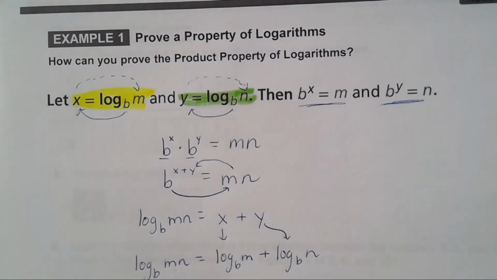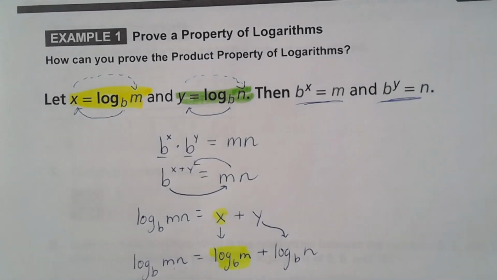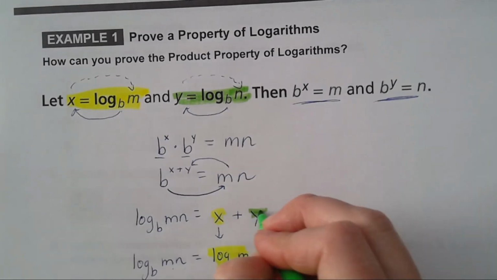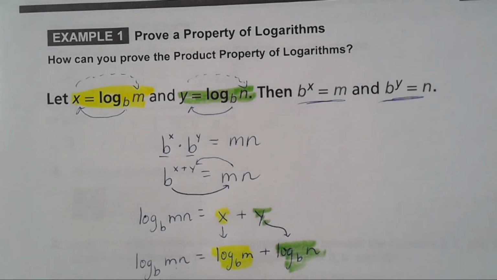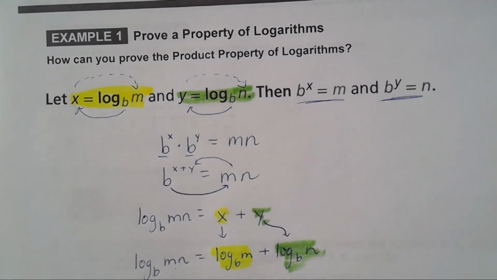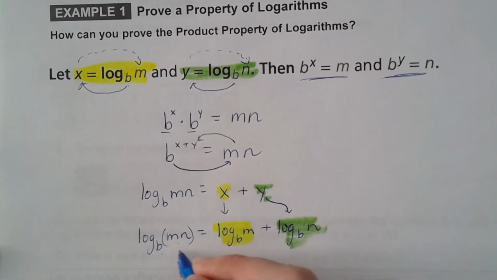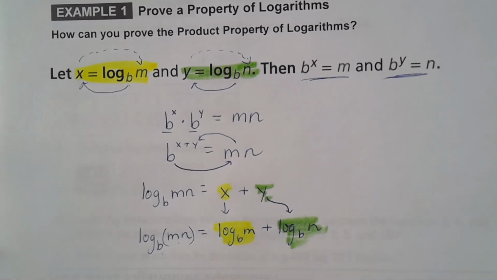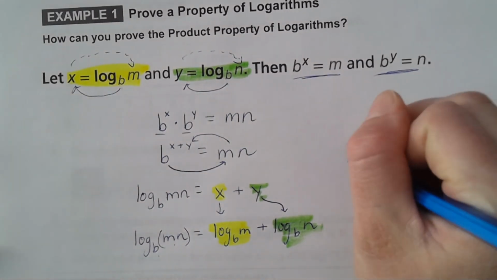So x from above, I just substituted that in, and here I substituted y. What this is saying is that when we have the same base and we are multiplying, that is the same as adding the two separate logs. Now, why is that? Because remember, logs equal the exponent.